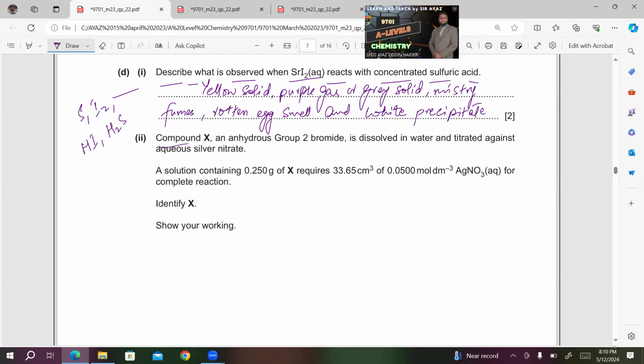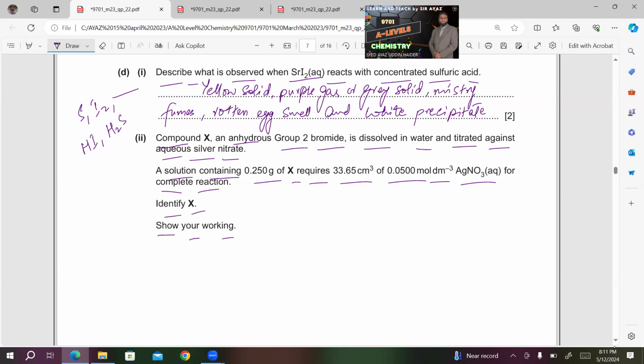Compound X, an anhydrous group 2 bromide, is dissolved in water and titrated against aqueous silver nitrate. A solution containing 0.250 gram of X requires 33.65 cm3 of 0.05 mol per dm3 AgNO3 aqueous for complete reaction. Identify X. Show your working.